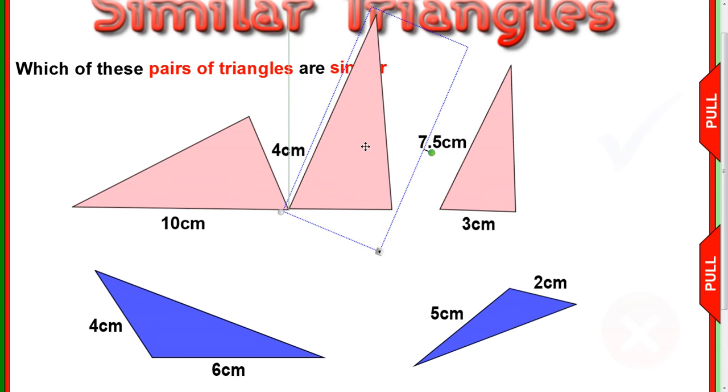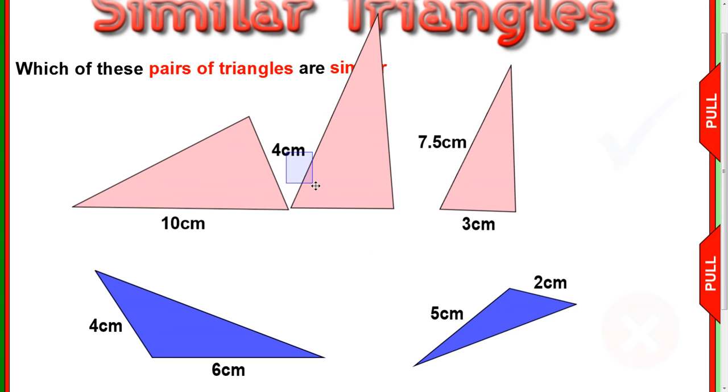So that 4 comes round to the bottom, so really that 4, we'll put it there. And that 10 came round and went up here. So if you're looking at corresponding sides, then the 4 matches with the 3 and the 10 matches with the 7.5, just from spinning it round.